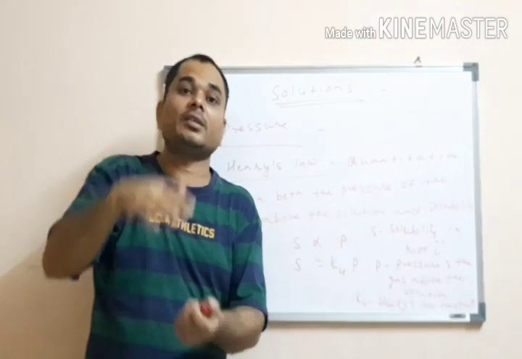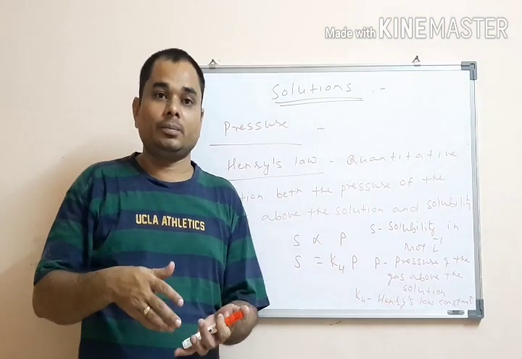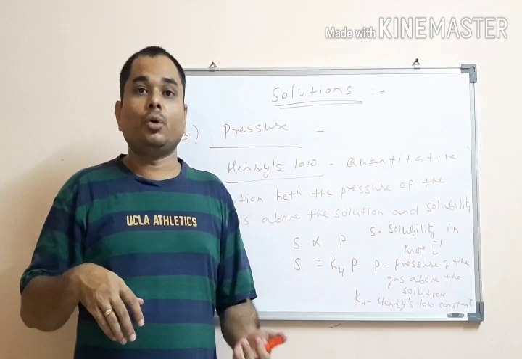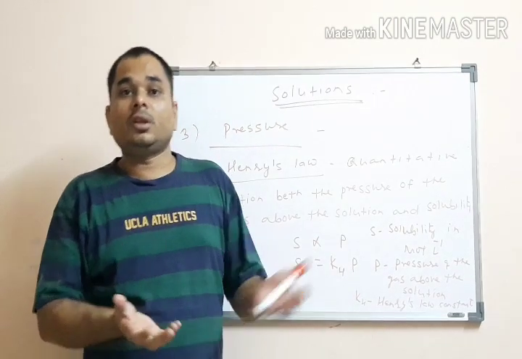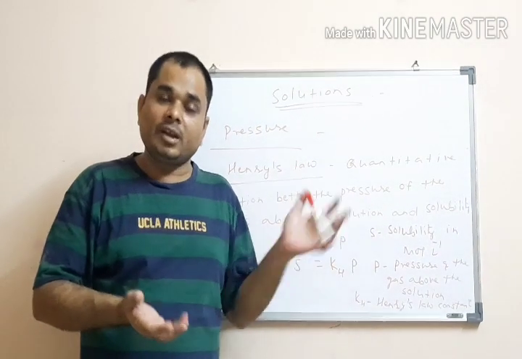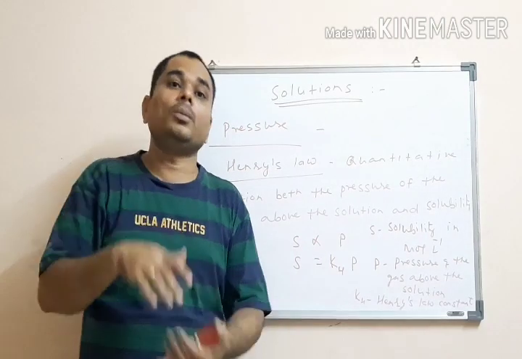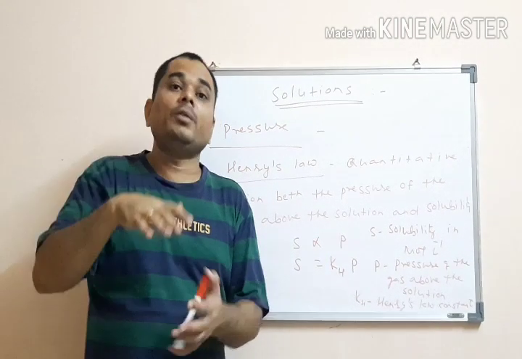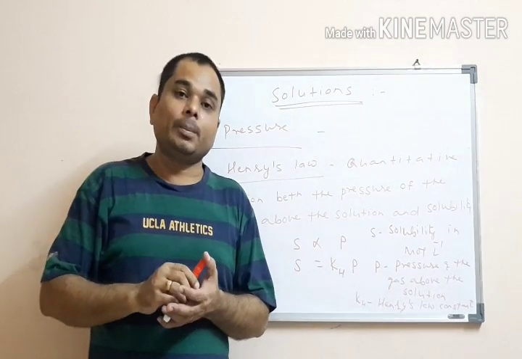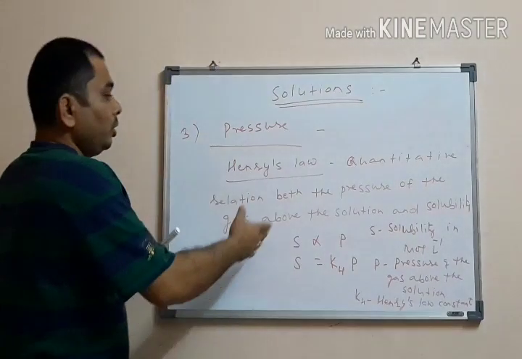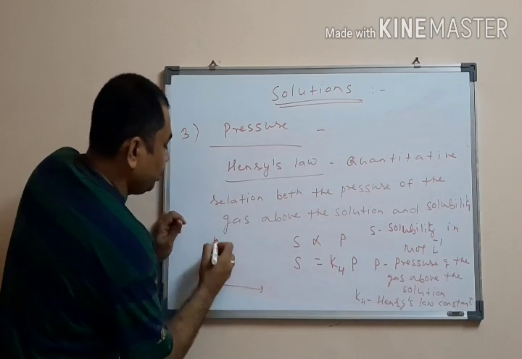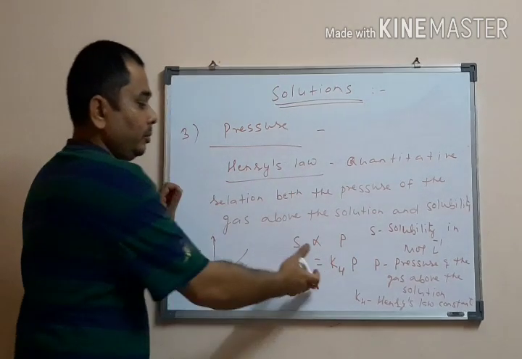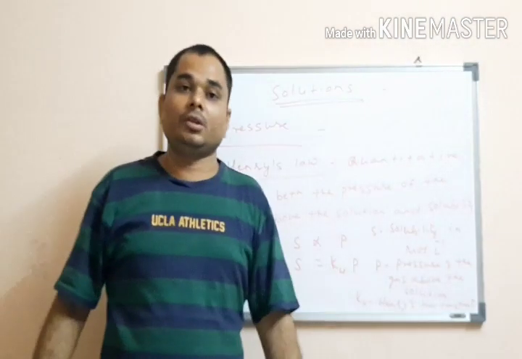These gases react with water. CO2 reacts with water to form H2CO3. Therefore, the solubility will be more than that predicted by Henry's law. Same thing with ammonia. Ammonia also is soluble in water, so its solubility in water will be more than what is predicted by Henry's law. Now if you draw a graph between S and P, what you get is a straight line, because there is a direct relationship between these two.